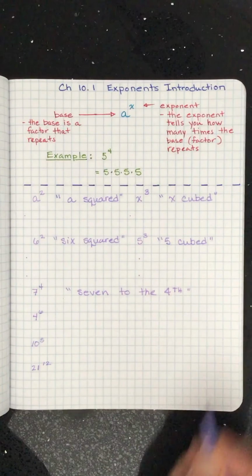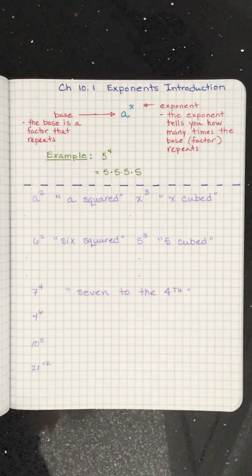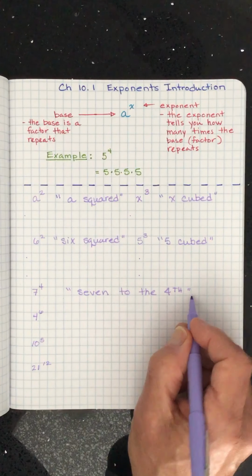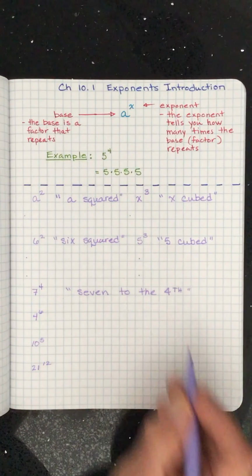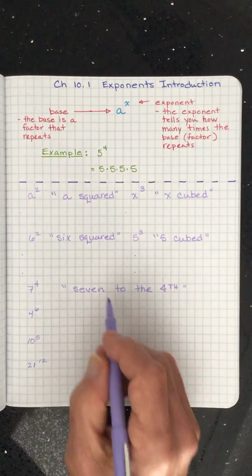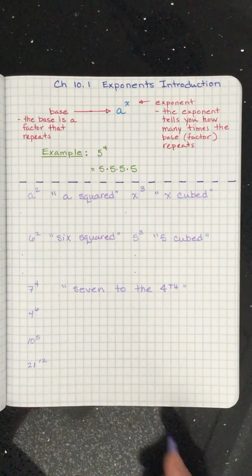I'm not going to write the whole word out, I'll do it that way. Now some teachers will say 7 to the 4th power, and others might even say 7 to the power of 4. It's all about preference, and I prefer to sort of say it this way, 7 to the 4th.